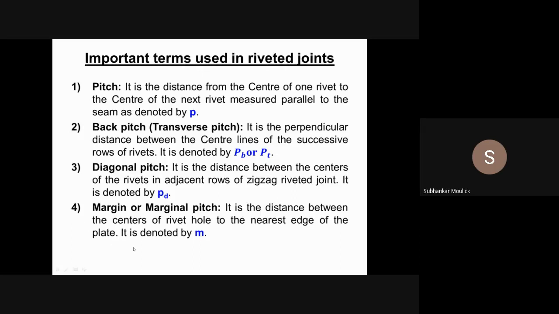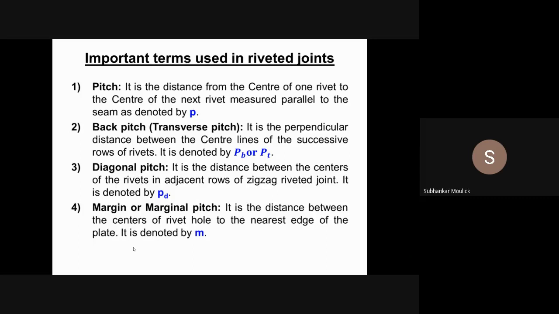The last terminology is margin or marginal pitch. Now, what is this margin? It is nothing but the distance between the center of the rivet hole to the nearest edge of the plate, and it is denoted by the symbol small m.